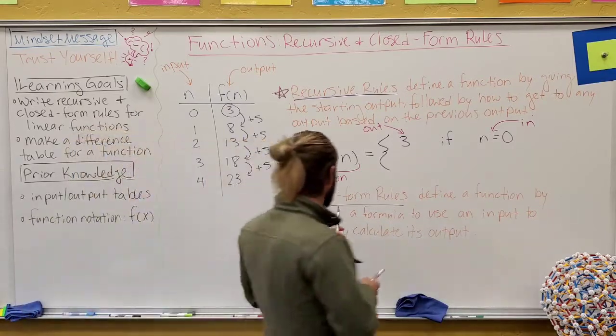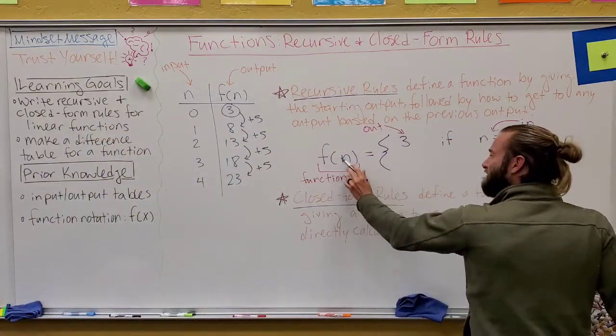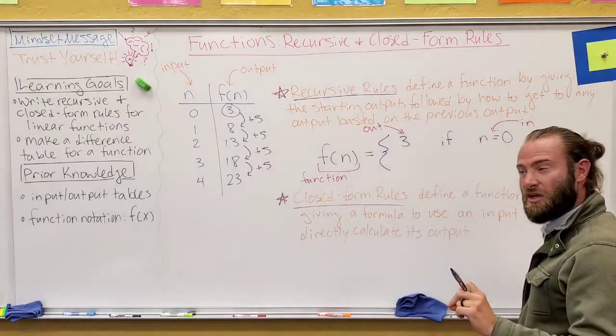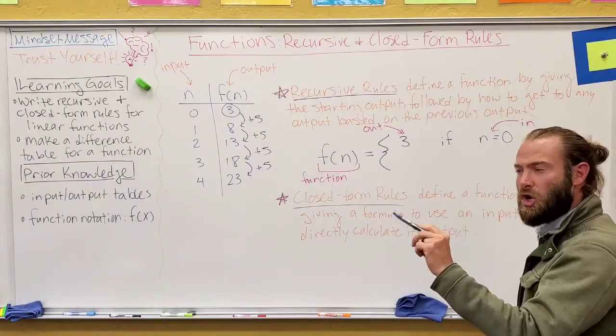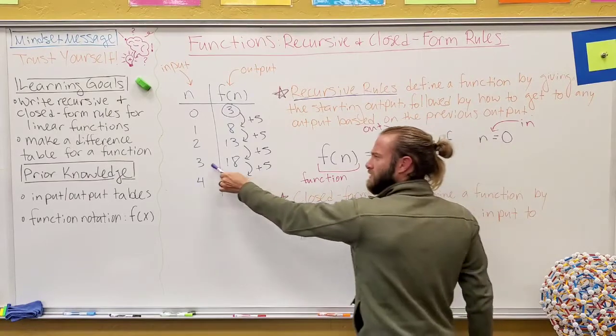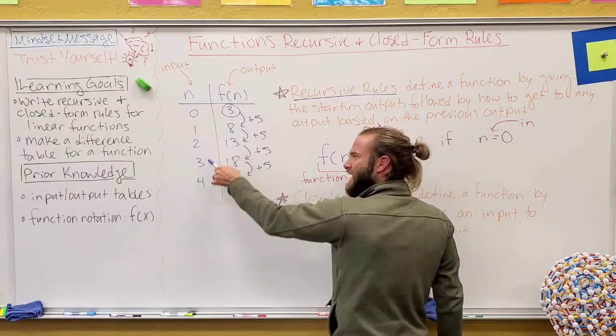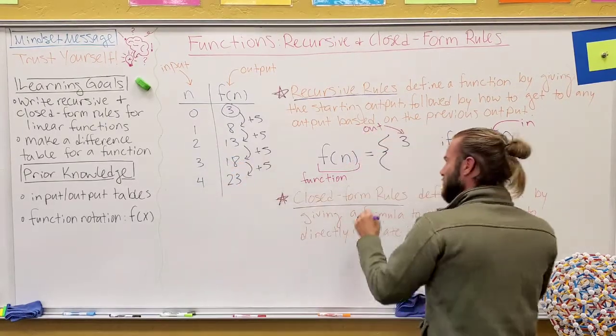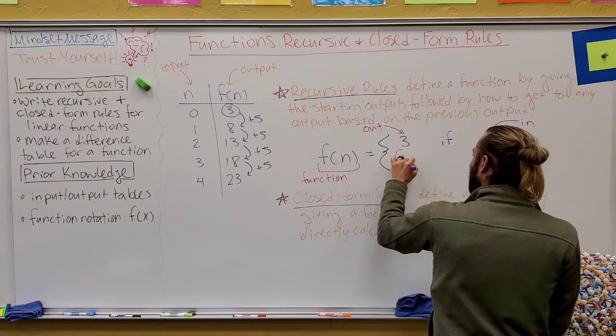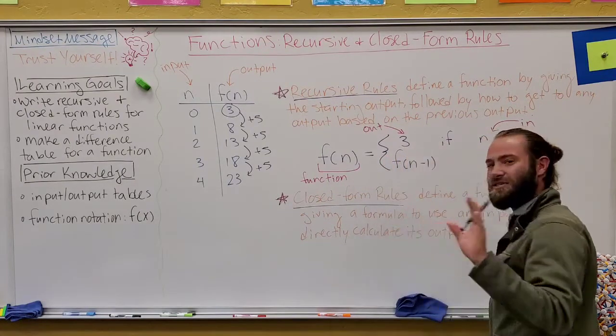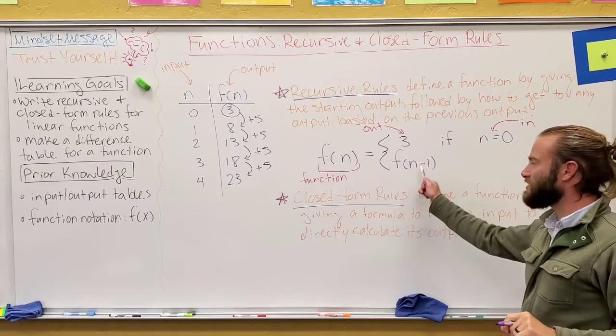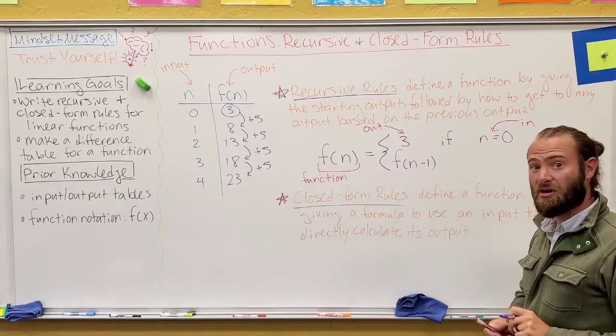This is going to be a little bit weird, but if f of n represents one output, the previous output is when n is 1 less. So every single time we make a recursive rule, you're always going to have f of n minus 1 in the second part.